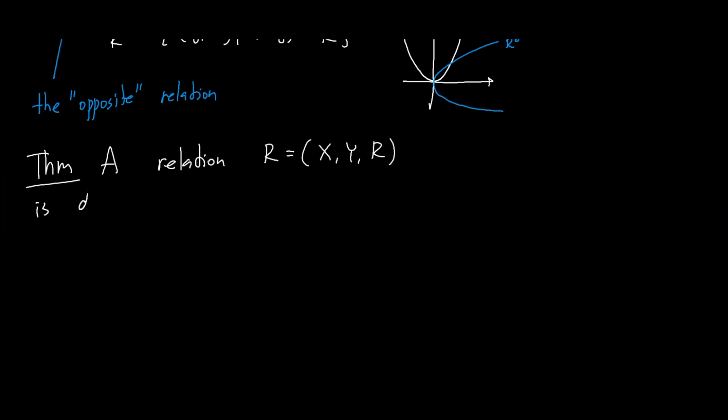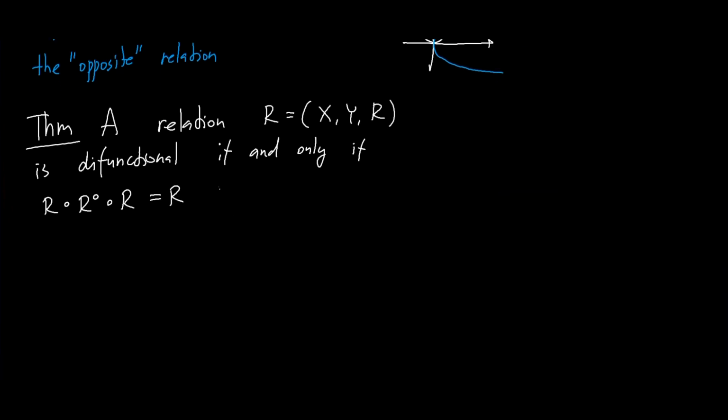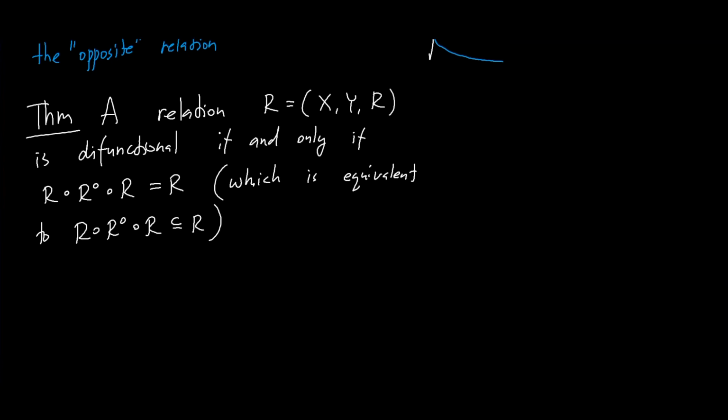The relation R is difunctional if and only if R composed with R opposite and composed with R is a subset of R. We can even say that it's equal to R. We can in brackets say which is equivalent to R composed with R opposite composed with R being a subset of R. So this property of difunctionality is nicely expressible in terms of these two operations as an algebraic identity.